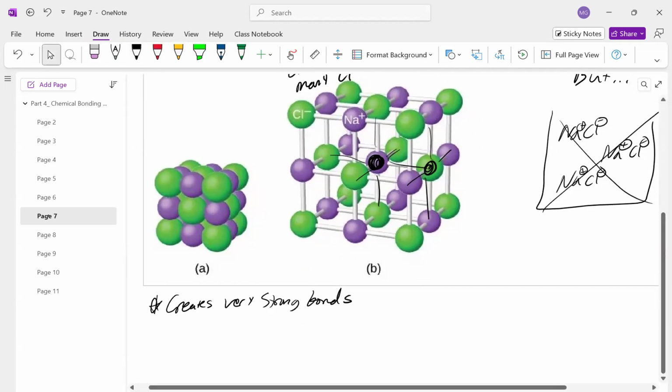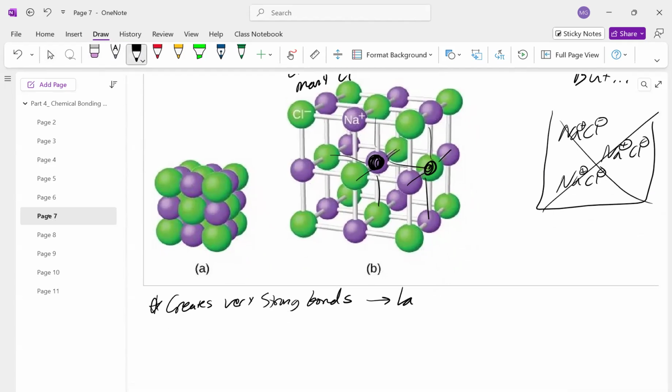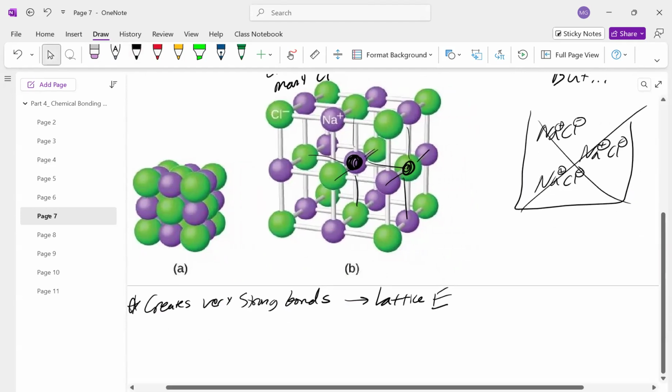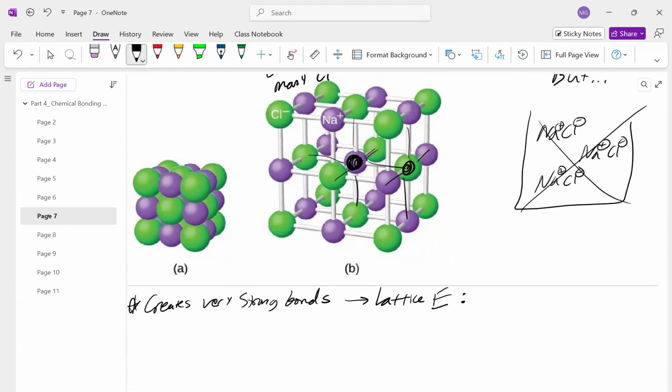Now we quantify the strength of those bonds with the term known as lattice energy. We can look at the definition of lattice energy in two opposite directions.